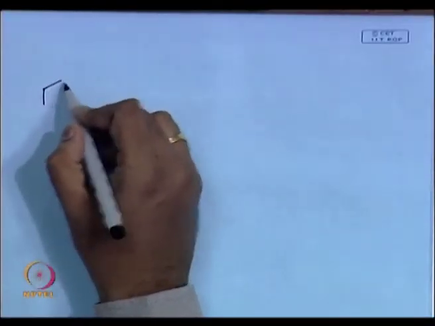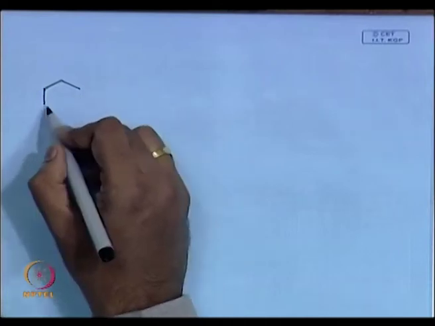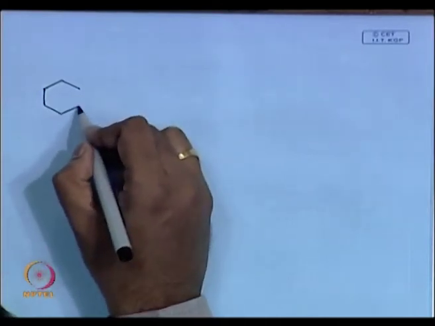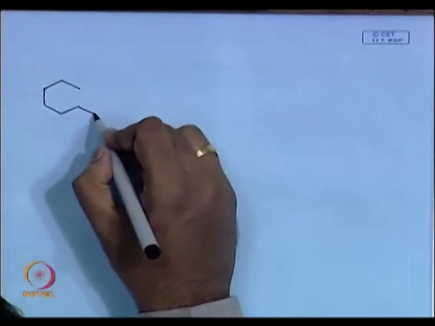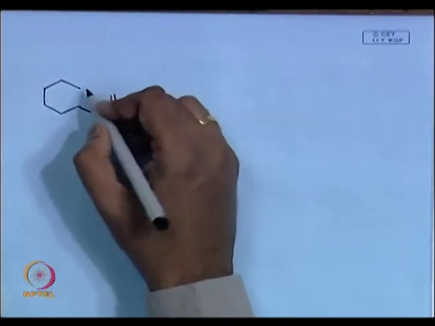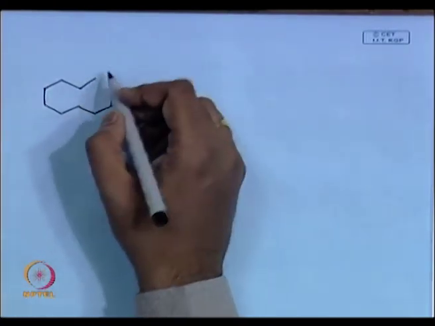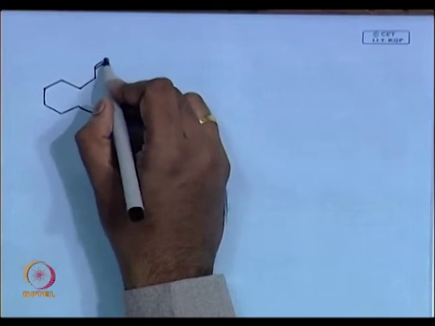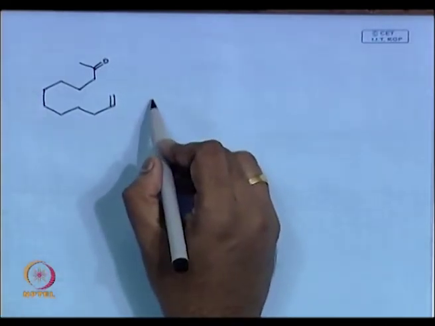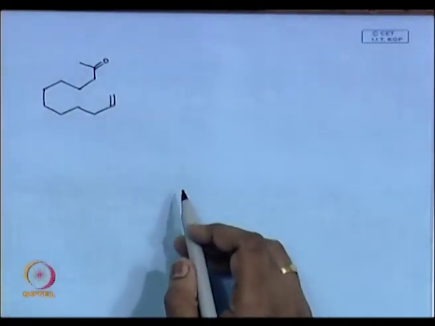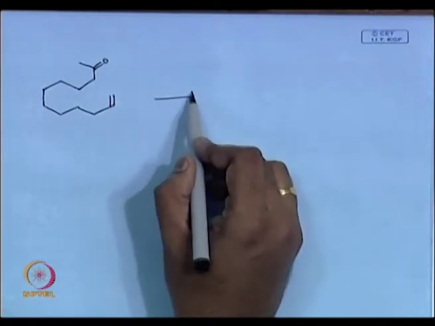Now, we will see some more examples, some nice examples which we can work on. We take this compound. Now, what happens? The first step, you think about the initiation, right?